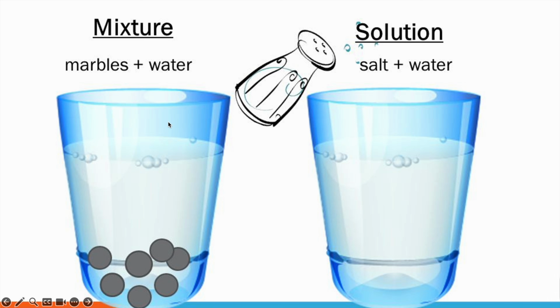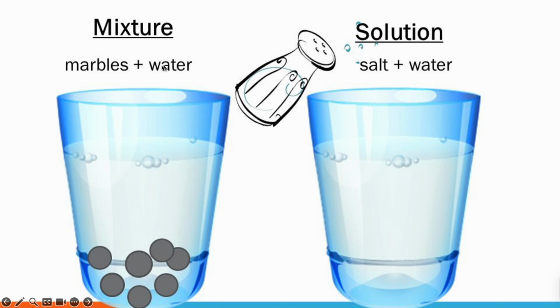All right, next we're going to be moving on to the topic of mixtures and solutions. What's the difference? A mixture is when you combine two things and you can distinguish the two or more things that you put inside. Here we have marbles and we have water.